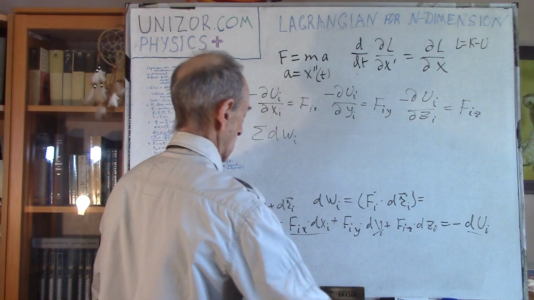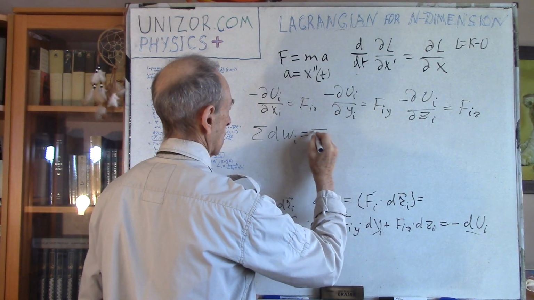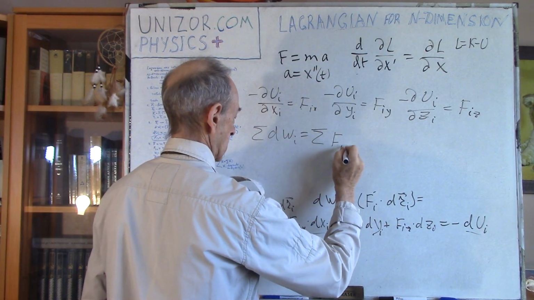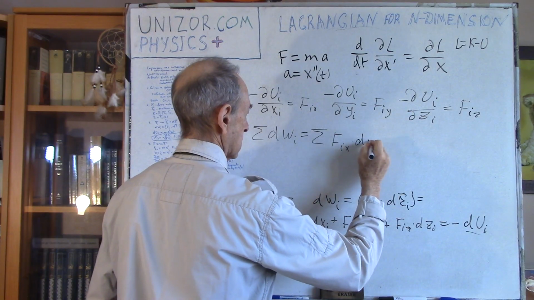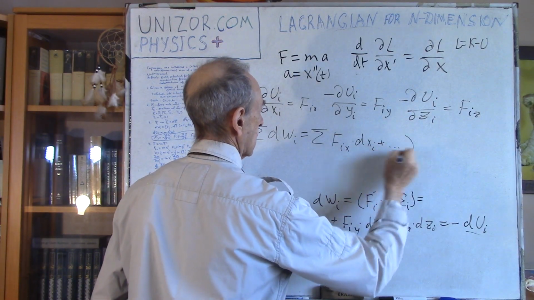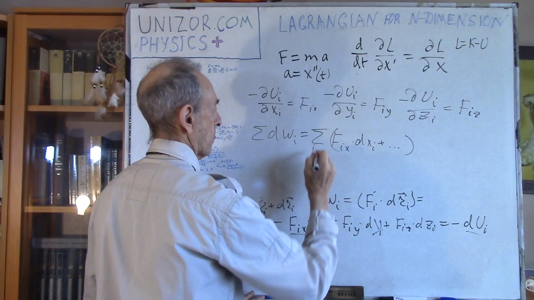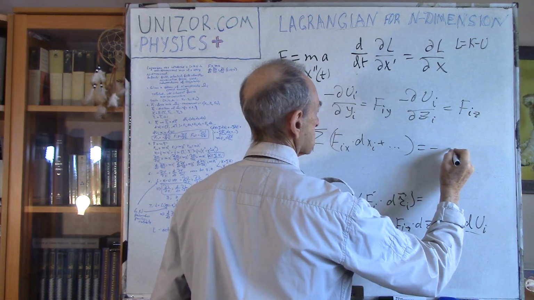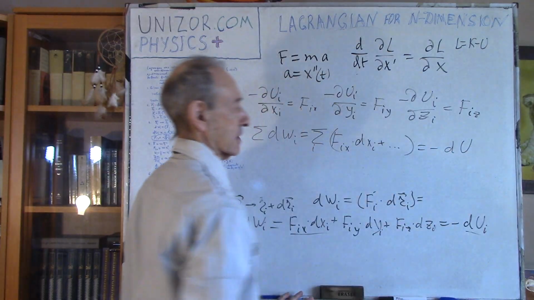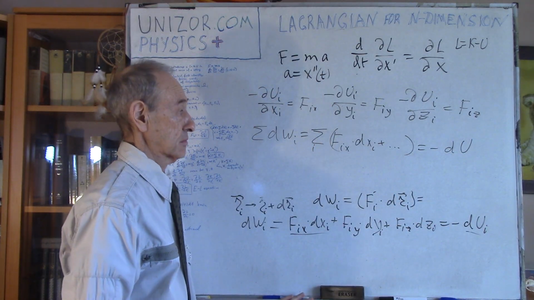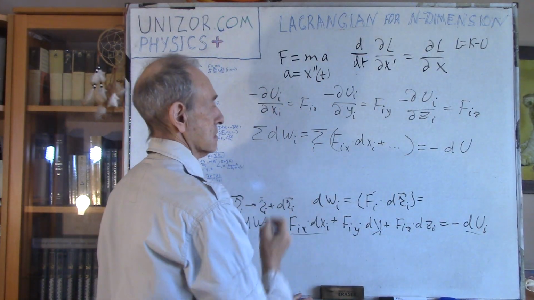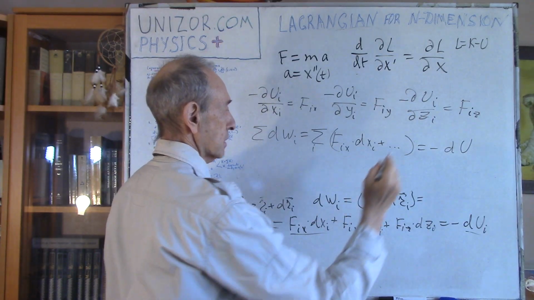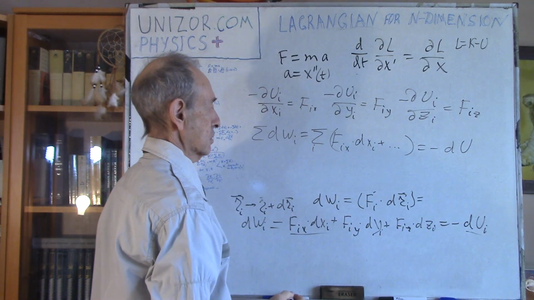And it's equal to sum of fix times dxi plus etc. y and z, and it's equal to minus d of the total potential energy of the entire system, right? If I would just summarize this, it would be a total amount of potential energy.